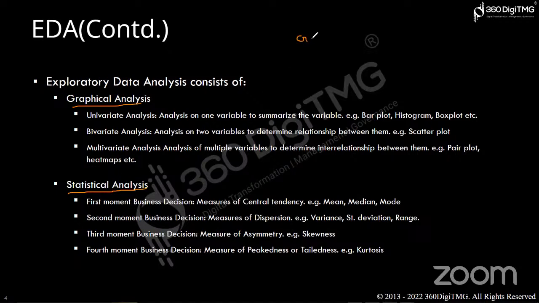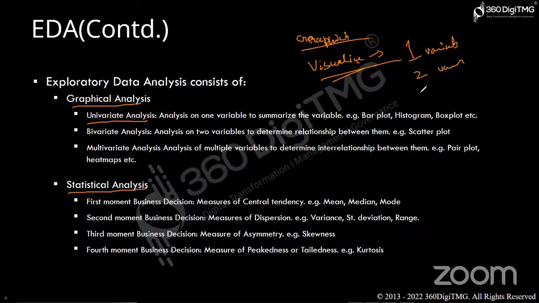In graphical methods, we try to visualize the data, and by visualizing it, we try to find meaning from this visualization. This can be done for a single variable, for two variables, even for multiple variables.